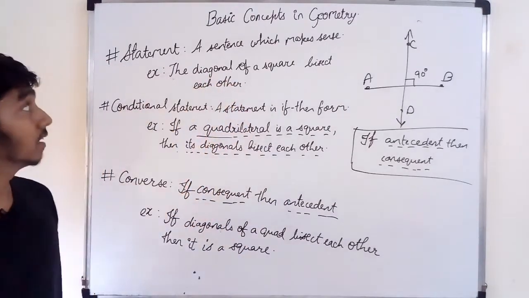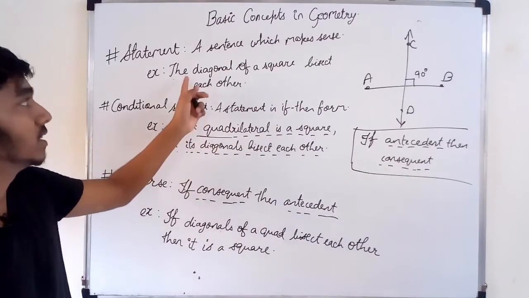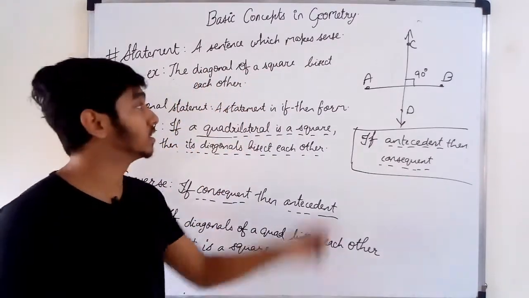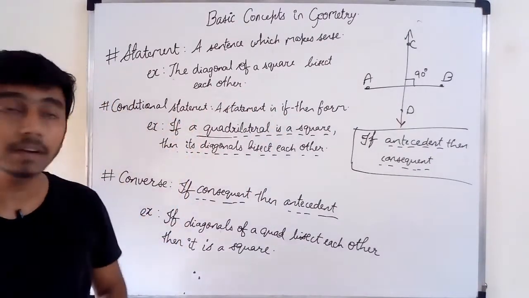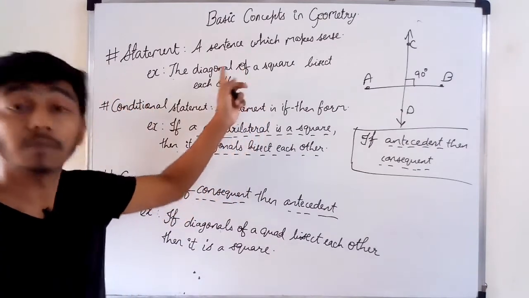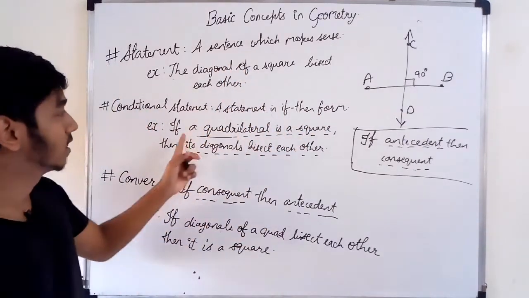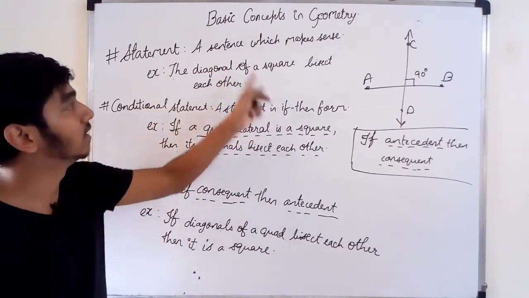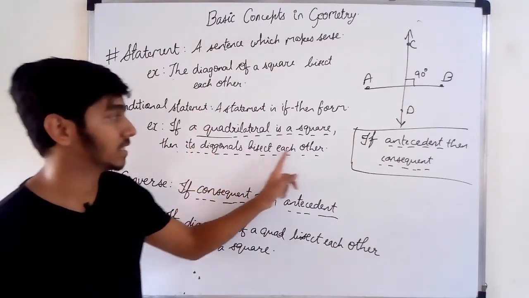I'll repeat it once again. A statement is a sentence which makes sense, which is: the diagonals of a square bisect each other. So we took this example which is making proper sense. Then what is a conditional statement? We convert the statement into if-then form, which for this statement is: if a quadrilateral is a square, then its diagonals bisect each other.